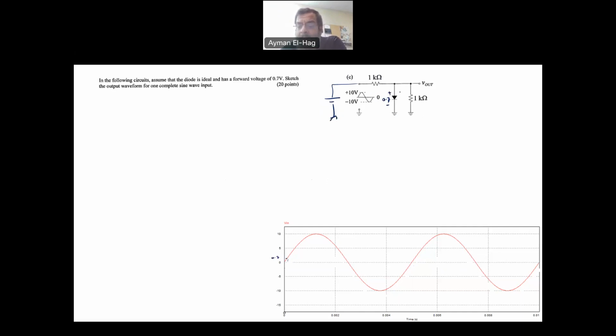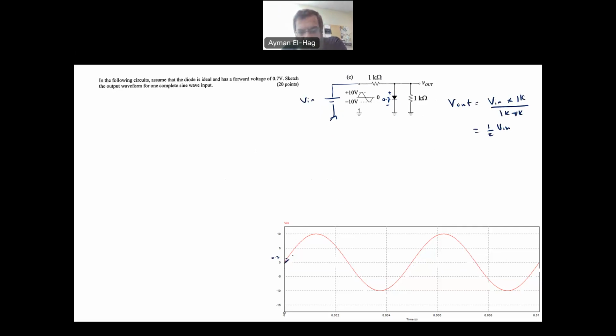Now, if the diode is an open circuit, your output voltage, this is your Vin, 1 kilo in series with 1 kilo, your Vout using voltage division is Vin times 1 kilo divided by 1 kilo plus 1 kilo, which is equal to half Vin. So your Vout will be equal to half Vin at that period.